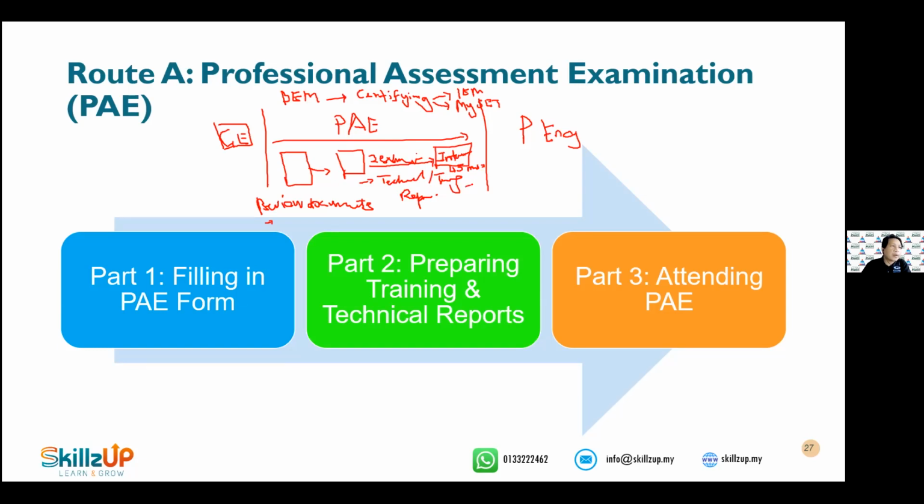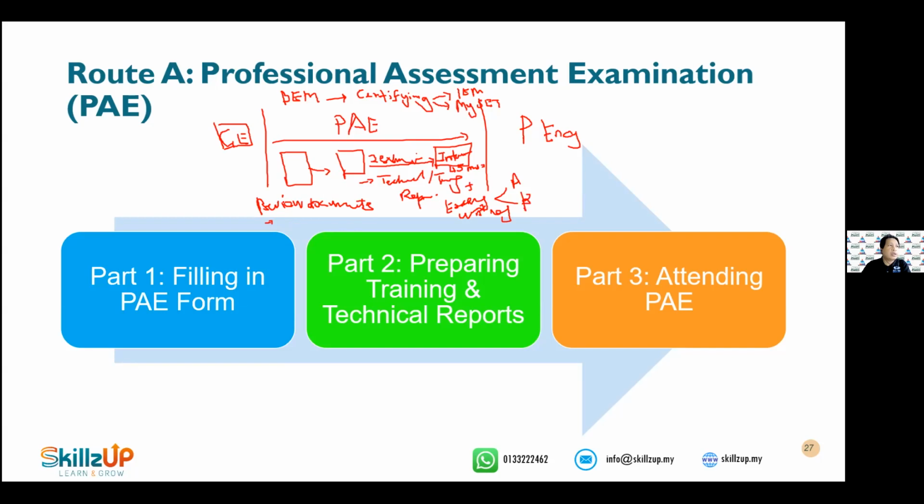On the second part, there will be essay writing. There are two parts of essay writing: one on the technical, related to your report, and secondly on professional conduct or ethics. So there are two parts. That is the process.